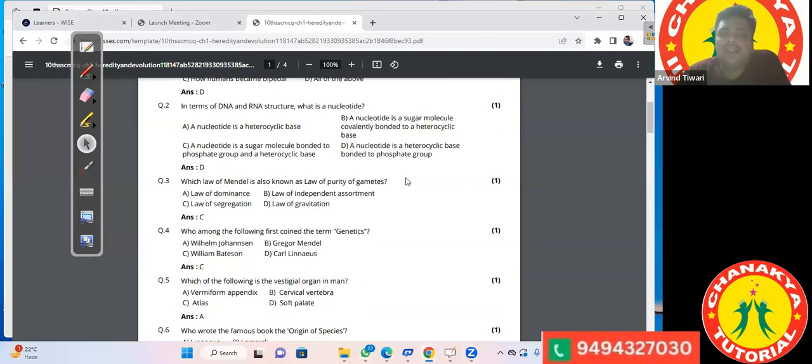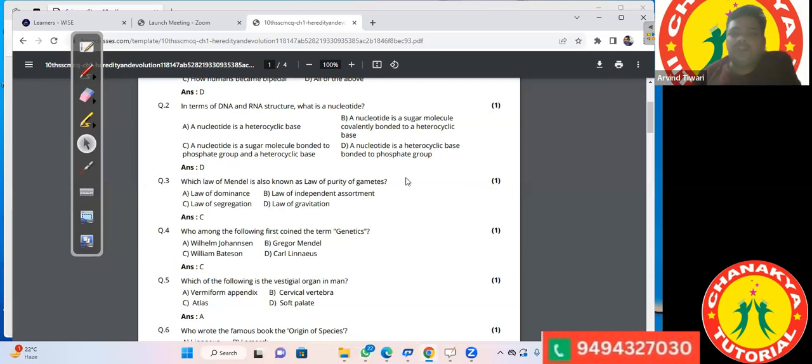In terms of DNA and RNA structure, what is a nucleotide? A nucleotide is a heterocyclic base. A nucleotide is a sugar molecule. A nucleotide is a sugar molecule bonded to phosphate group and to a heterocyclic base. A nucleotide is a heterocyclic base bonded to phosphate group. Okay.